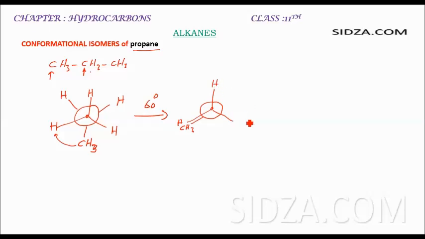Now you get an eclipsed state by a rotation of 60 degrees. This is an eclipsed state. This was the staggered one, and this one is eclipsed.